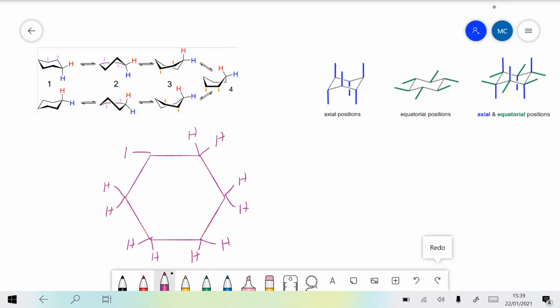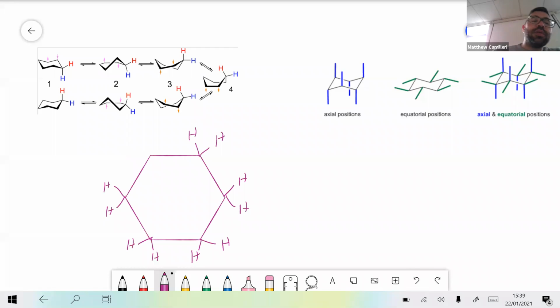The chair and the boat. Now, the chair and the boat are two possible conformations, and we're going to be introducing the topic today. And then in fact, I'm only going to discuss these conformations, okay, and how they interconvert. I will show you a little bit of a GIF, and then we'll discuss a little bit further after your holidays.